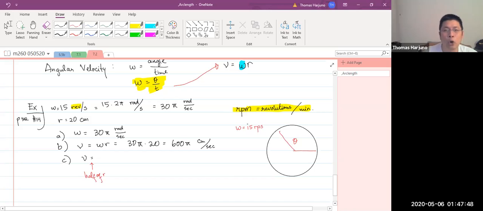Knowing that the radius is 20 centimeters, what is the linear speed? The linear speed, as we computed earlier, will be 600 centimeters per second.